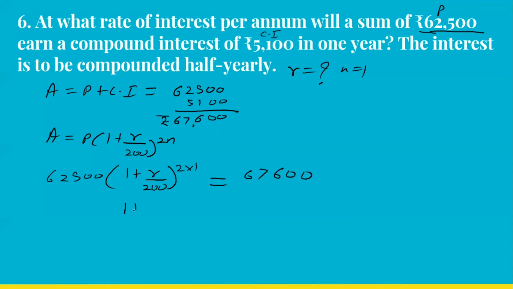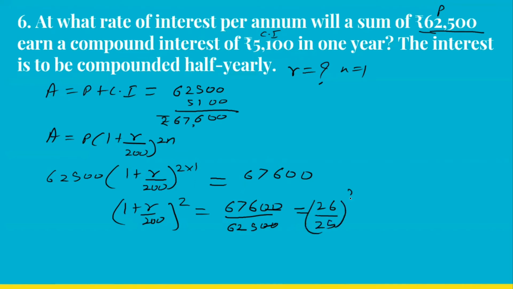So it is 1 plus R upon 200 raised to 2 is equal to 67,600 divided by, this comes down here, 62,500. Simplify. 676 is the square of 26. And 625 is the square of 25. So this is 26 upon 25, the whole square.